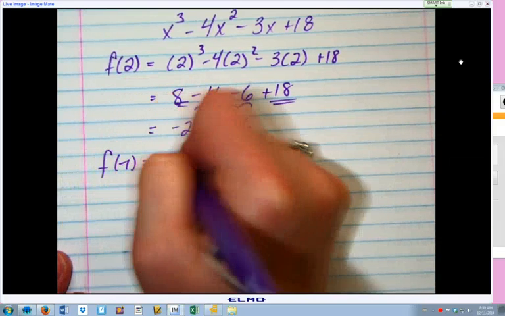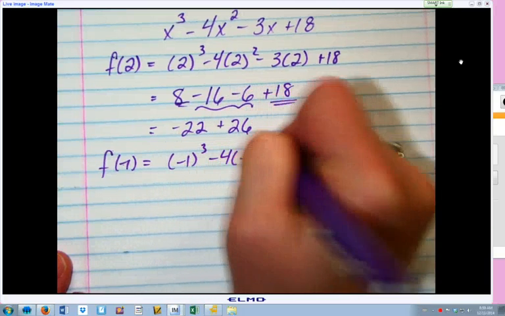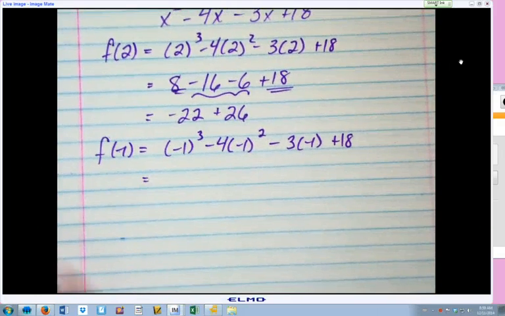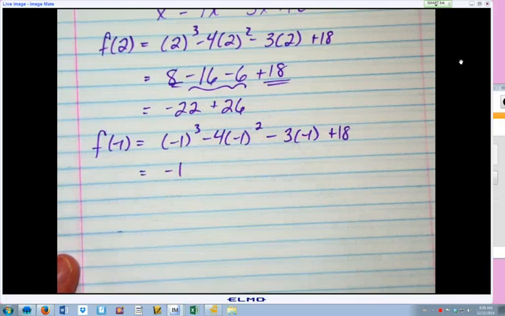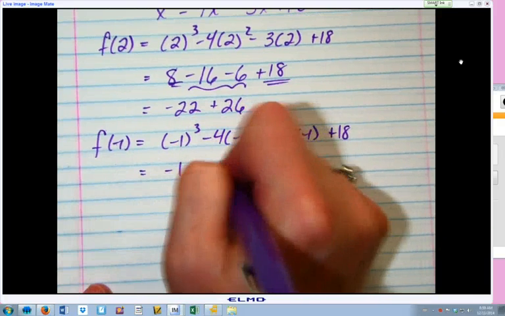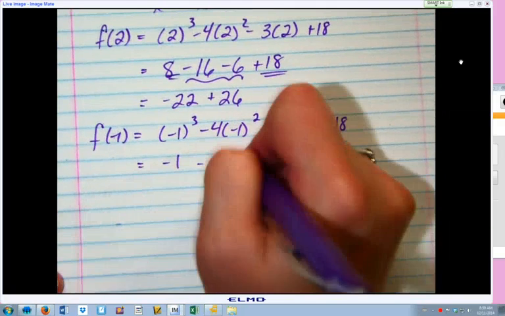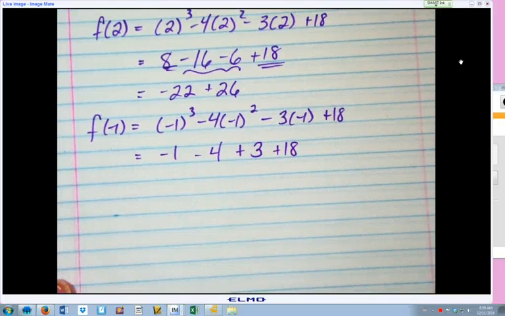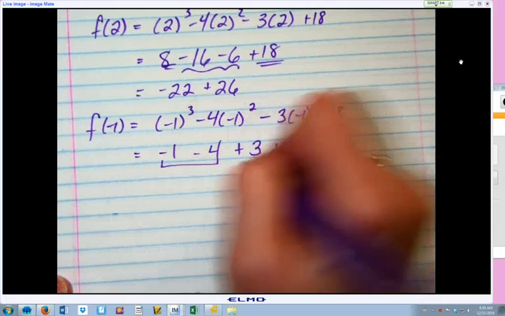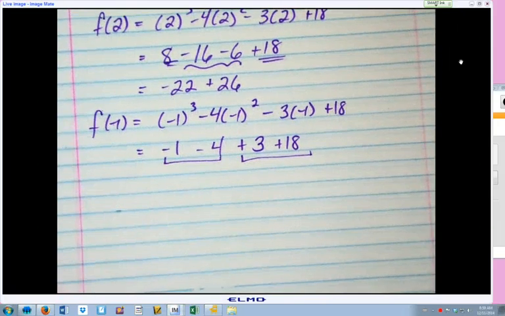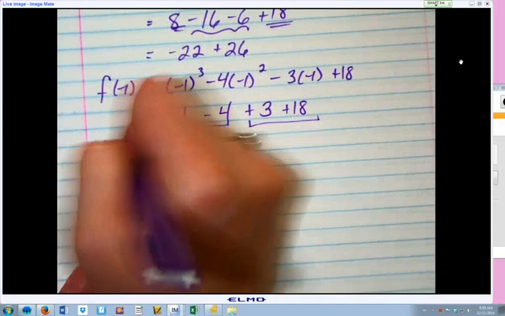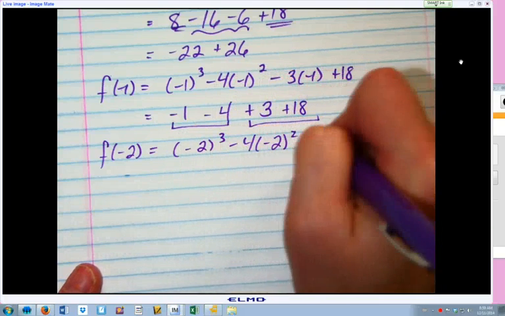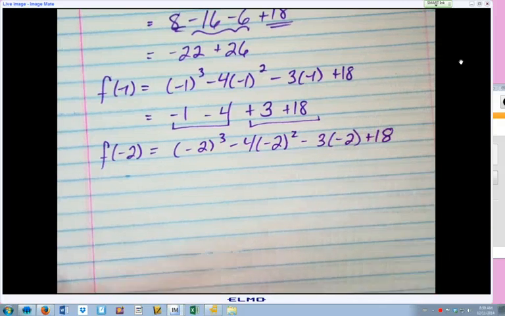Ooh, let's go back to negative 1. Okay, already, right, we know it's not going to work. So you could basically do this forever. Yep, we could do it forever.